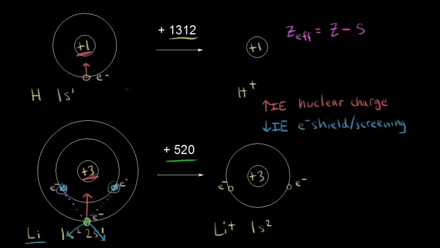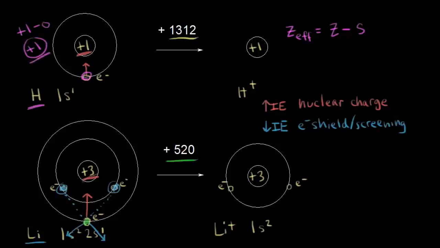So let's look at hydrogen first and calculate the effective nuclear charge that this electron experiences. Well, there's a +1 charge in the nucleus, so that's the nuclear charge, Z. And there are 0 shielding electrons, so 1 minus 0 is of course +1. So this outer electron experiences an effective nuclear charge of +1.